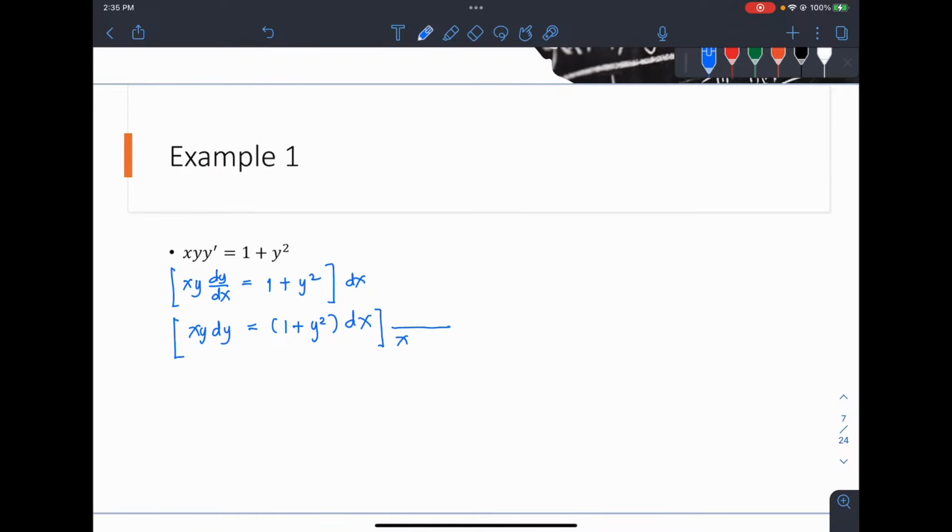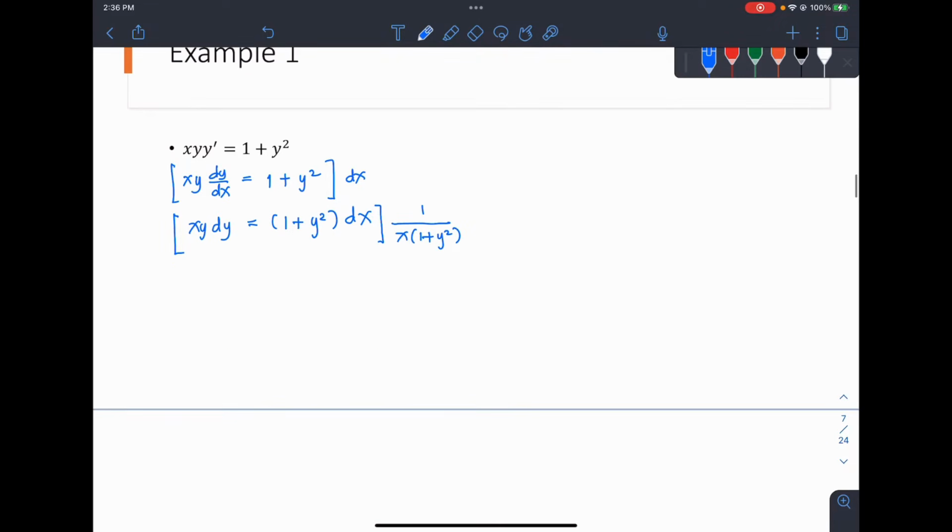And then since 1 plus y squared is multiplied with dx, that should be the one that we're going to transform to the left hand side of the equation. So we multiply it with its reciprocal, 1 over 1 plus y squared.